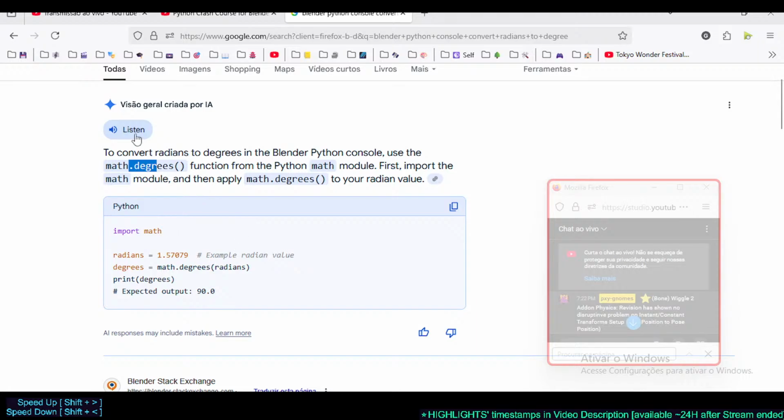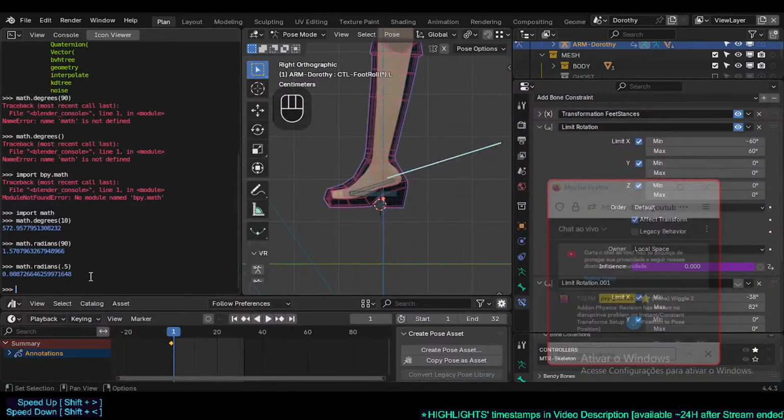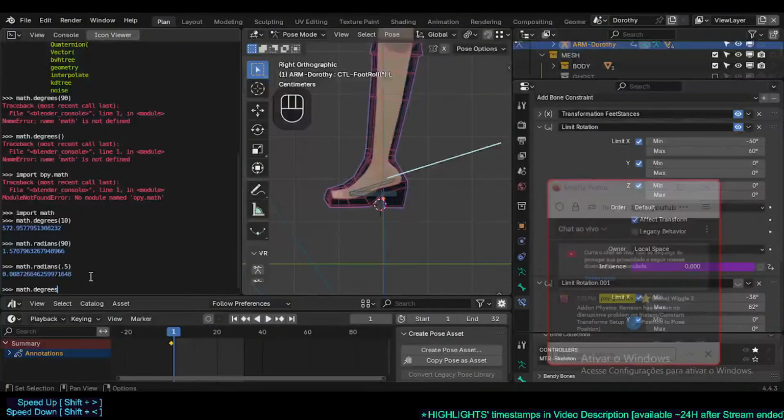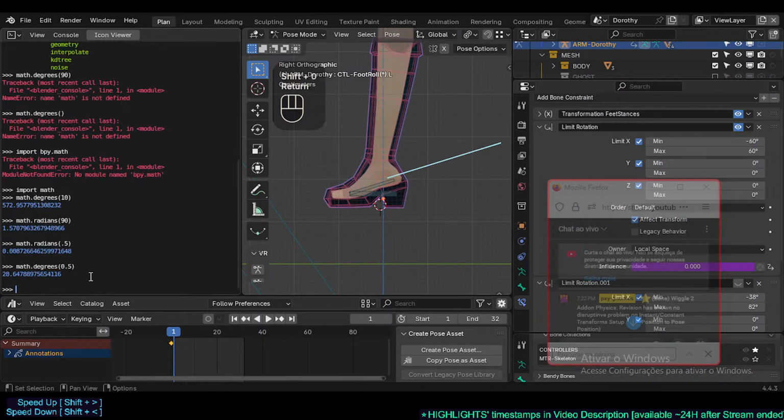And what's the inverse? Okay, so there we go.